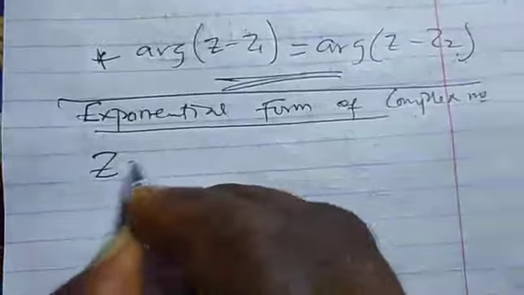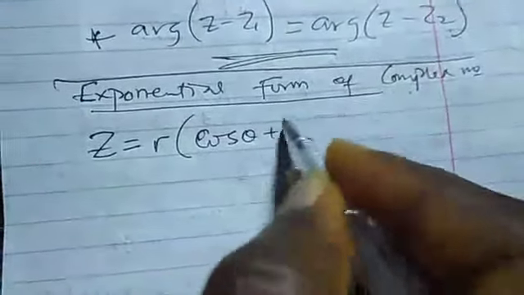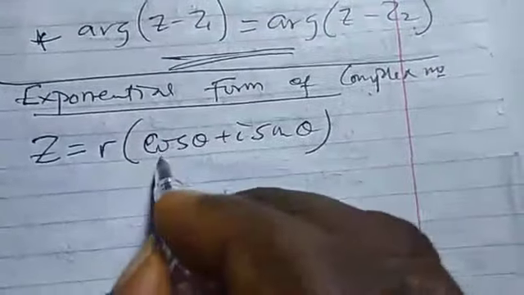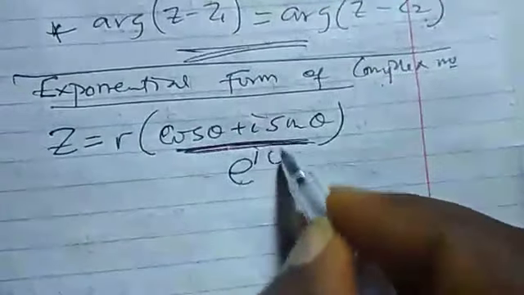You remember a complex number is written in this format: z equal to cos theta plus i sin theta. In this case, this cos theta plus i sin theta simply means exponential i theta.